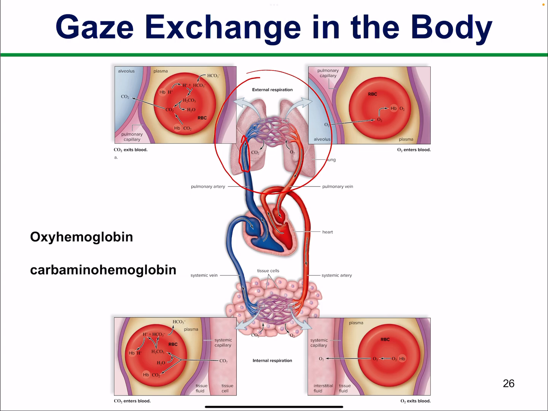Because of that, carbon dioxide is going to leave the blood in the lungs and go into the lung alveoli so that carbon dioxide is expelled out. Okay? This is what you show here. Right? Okay?